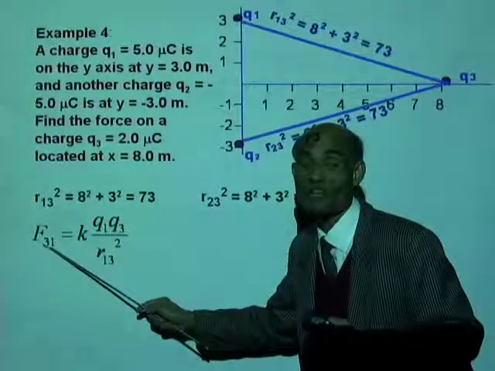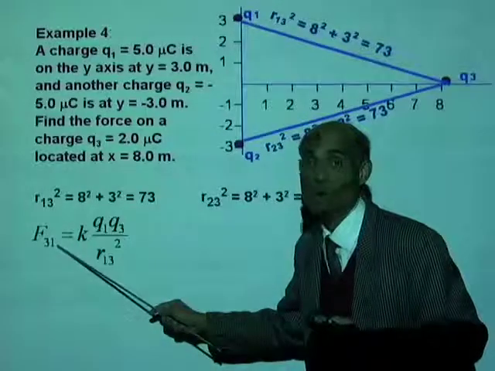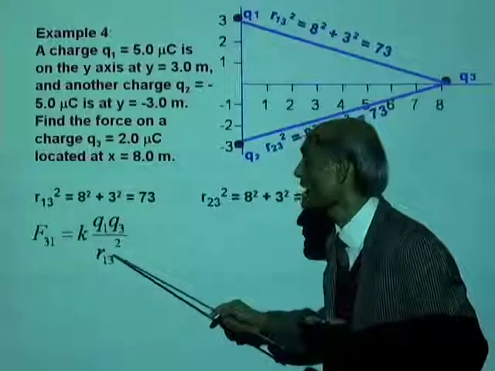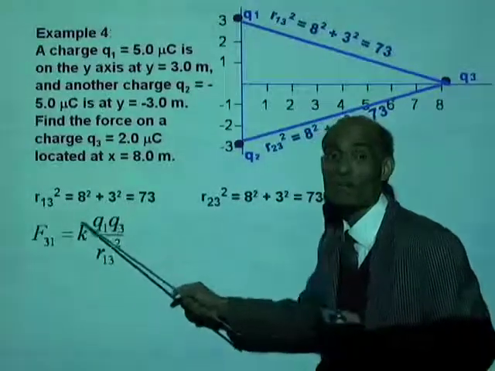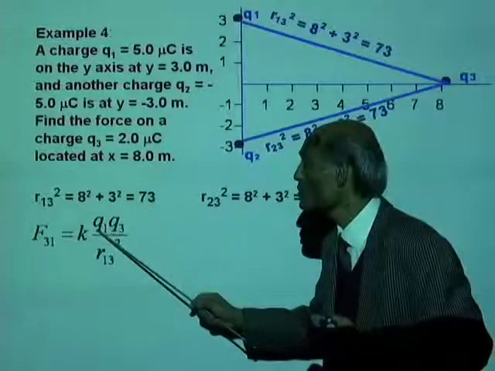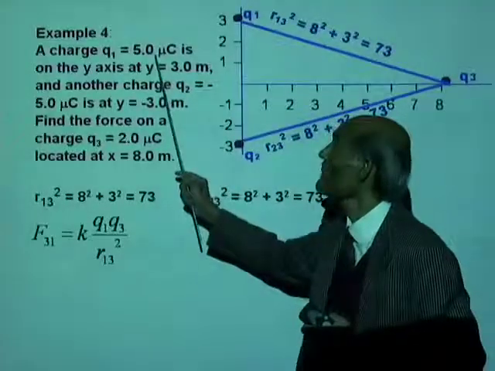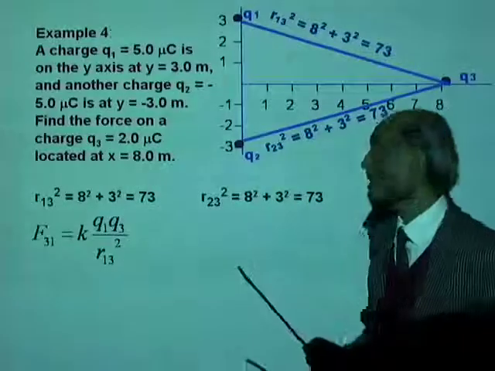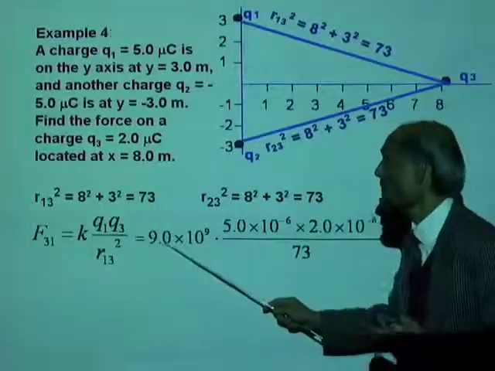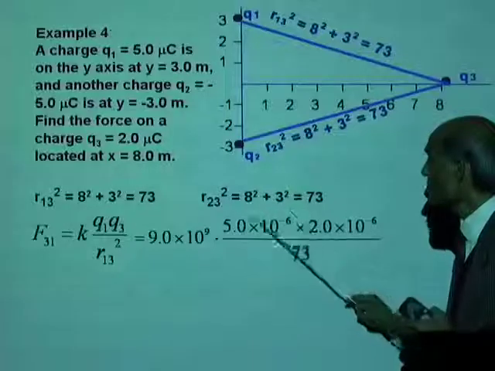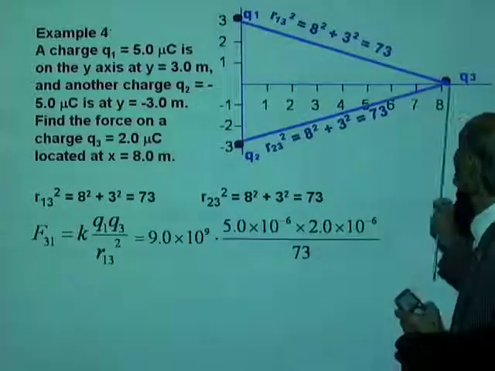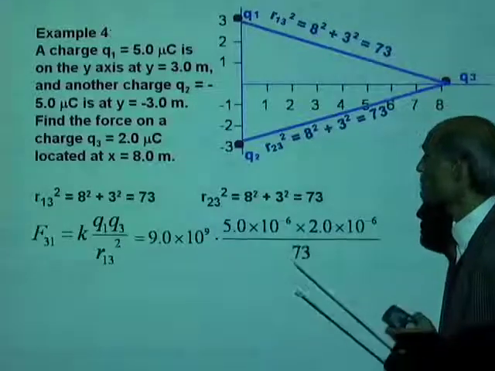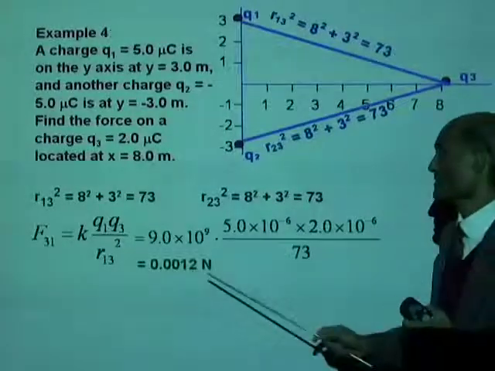Force on charge 3 by charge 1 will be K Q1 Q3 divided by R13 squared. We know all these. Q1 is 5 microcoulomb, 5 times 10 to the negative 6 coulomb. K times Q1, Q3, Q3 is 2 microcoulomb, divided by R13 squared. What is that equal to?